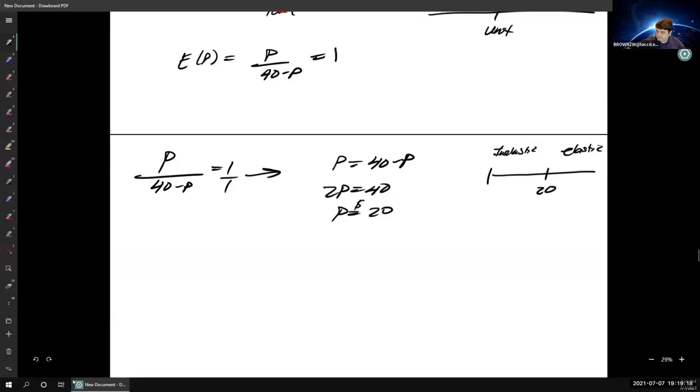The lowest I can set my price to be is $0. So we're inelastic on the interval from 0 to 20.